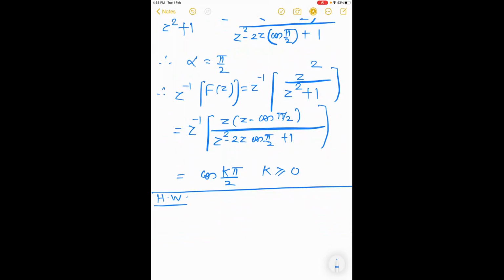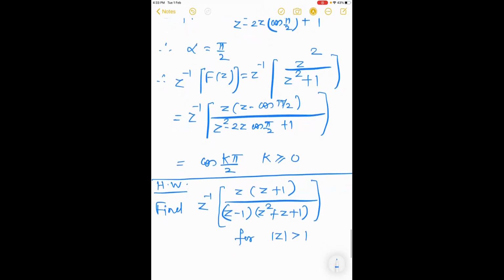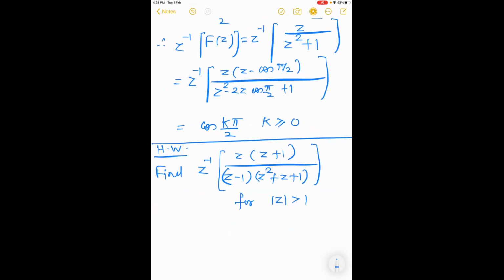For this one, find inverse transform of z into z plus 1 upon z minus 1 into z square plus z plus 1 for mod z greater than 1. Just like this, numerator degree 2, denominator degree 3.